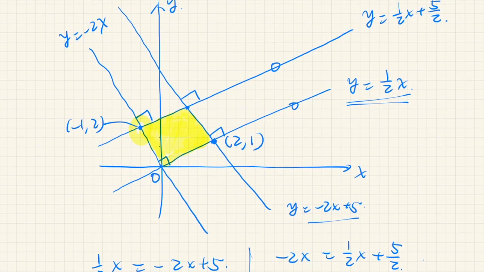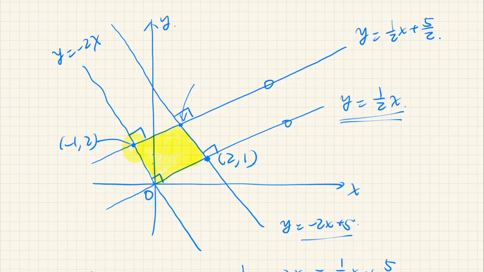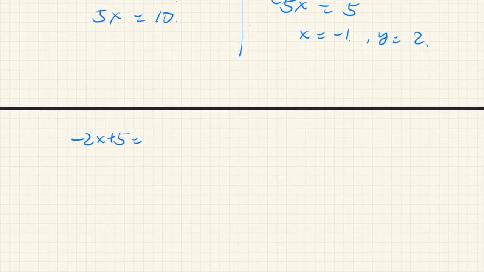And actually we don't need this point, but let's try to find this one. So this is negative 2x plus 5 equals 1 over 2x plus 5 over 2. So multiply both sides by 2, 10x, 5.